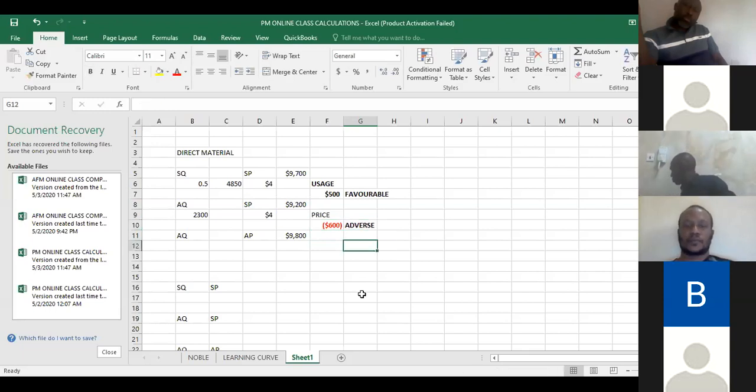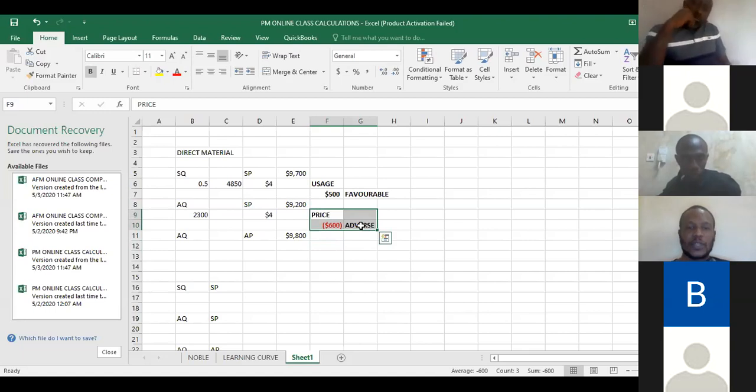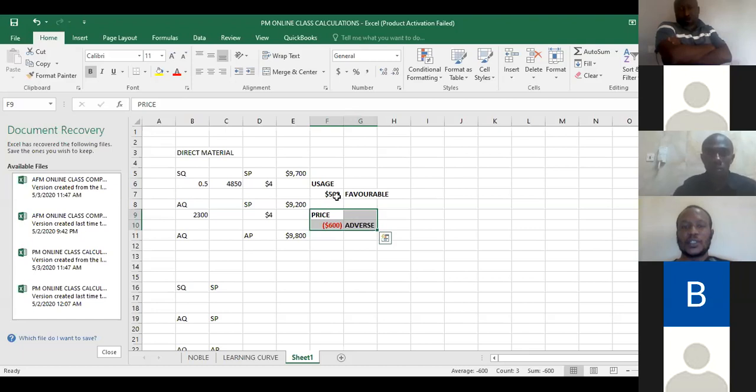So that's that. Then give us the material total variance. The material total variance will be the top of your pro forma minus the bottom of your pro forma, or you can do it as the usage minus price. However, I know that this causes confusion and people usually make mistakes with all of this. So it is 500 minus 600, minus 100. So all in all it is adverse.